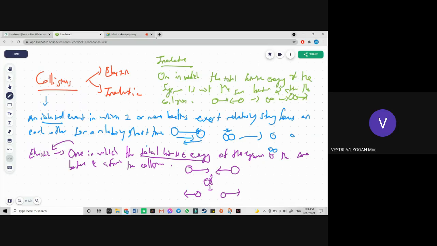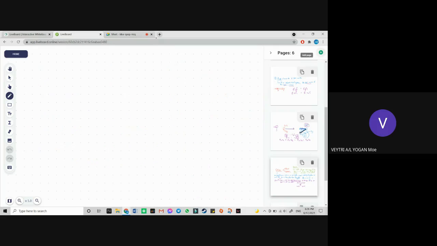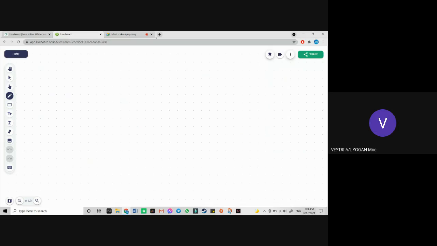Okay. Now, for you guys to know, tadi kita dah bincang on the definitions, right? Now, let me clear things up. When we are talking about elastic, specifically about elastic, kita cakap initial and final kinetic energy is the same.